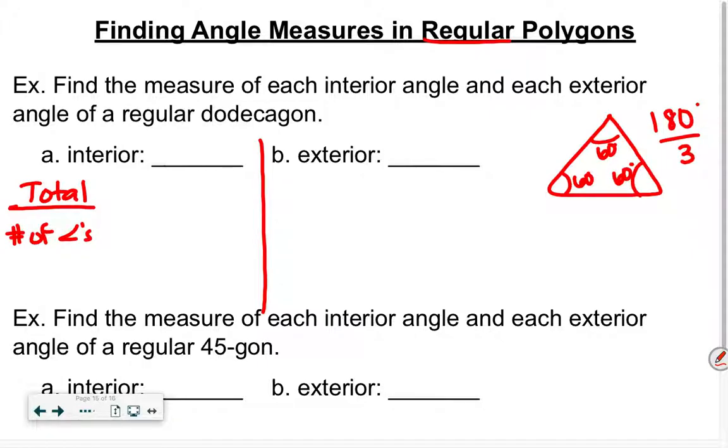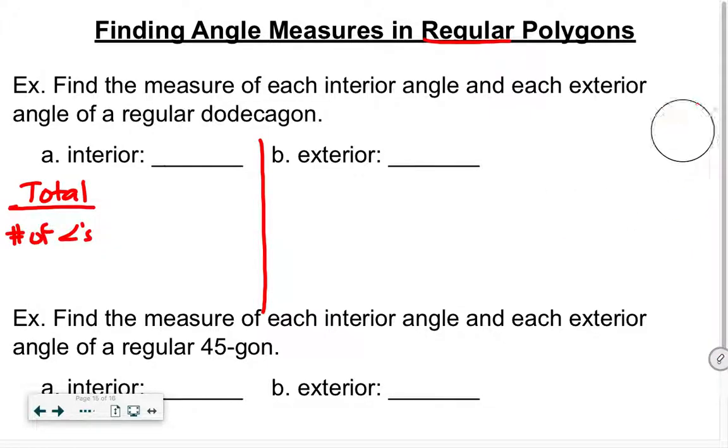Okay, if you want it to be regular and equiangular like that, and all the angles to have the same measure, you're just going to divide by how many angles that it has. So let's start by finding, for a regular dodecagon, what they even add up to. Now, dodecagon, how many angles is that? 12. Very good. So that means our N is going to be 12.